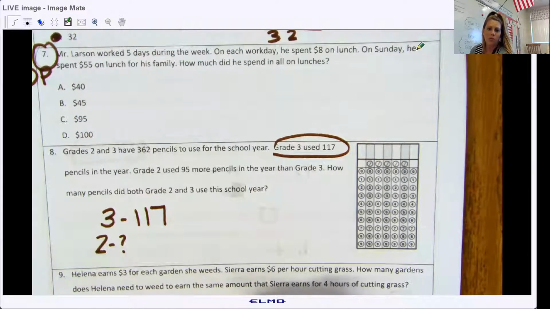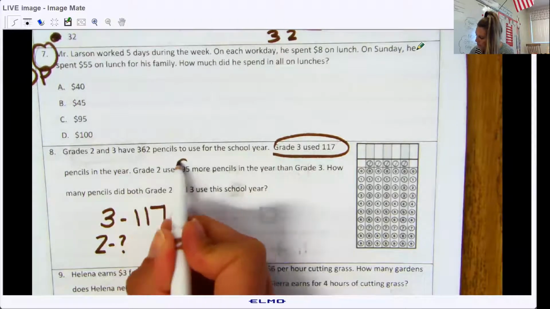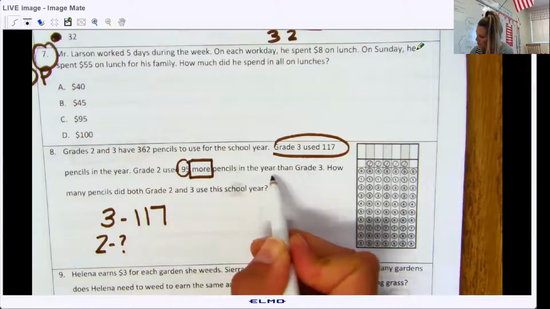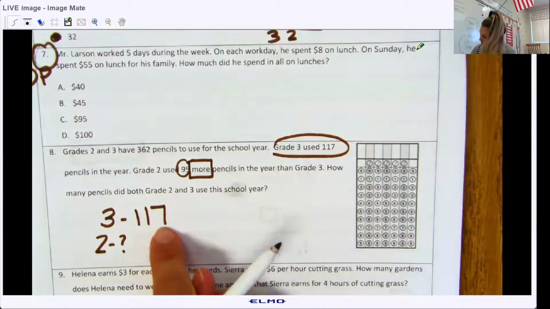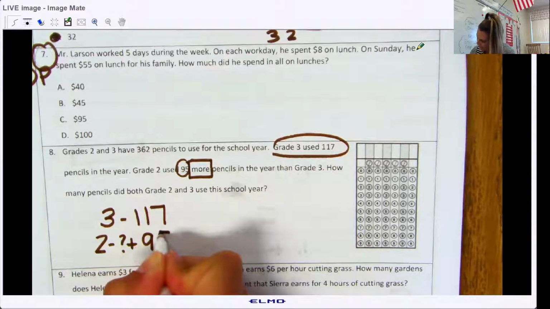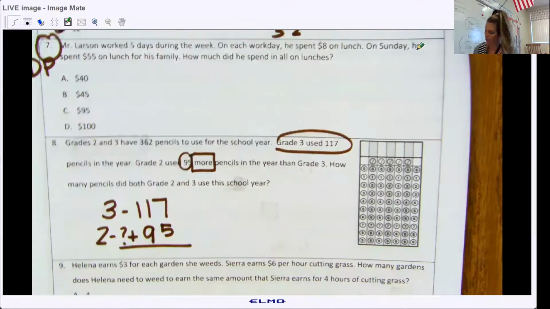Well, what are we going to do to figure out how many pencils grade 2 used? If we look here, it says they used 95 more pencils in the year than 3rd grade. Well, if 3rd grade used 117, we're going to have to add 95 to that. Okay?